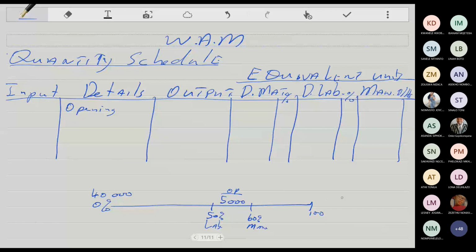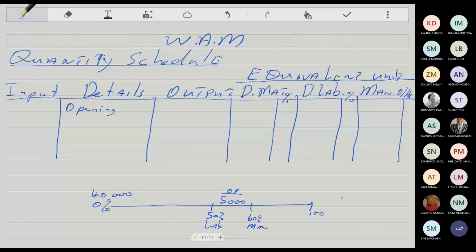And remember, because we're using weighted average method here, by the time we reach 100%, there's no distinction between your new units and your opening units. So you just look and say, how many units completed? 38,000. Thank you.